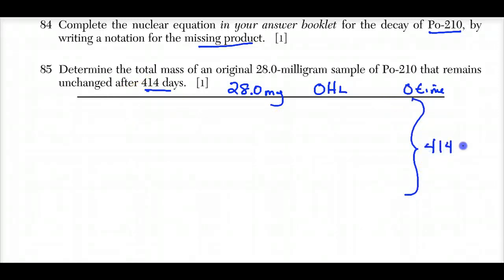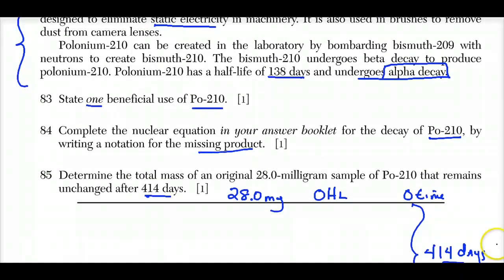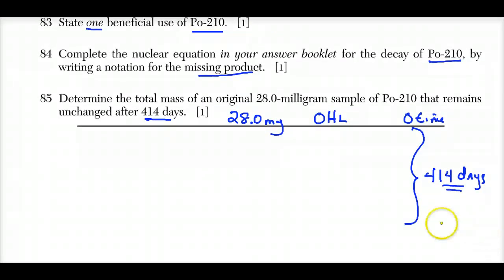That's great, but I need to know how many halvings have occurred. In the reading, I remember looking through that, they actually gave me a half-life of 138 days. That's pretty darn important. Okay, so if I know that each halving is 138 days, then what I'm going to do is take the total time and divide by 138 days.